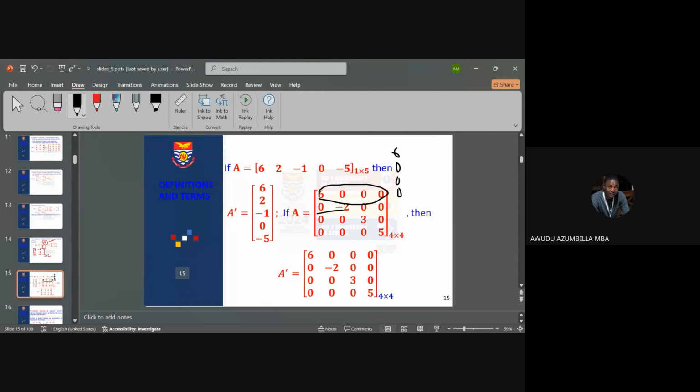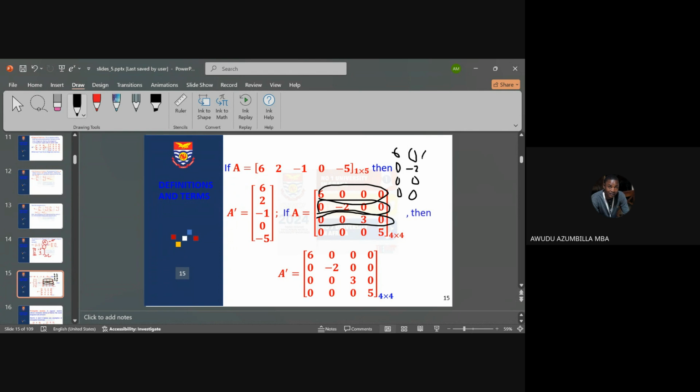Now you take this one and also write it vertically. So you have 0, -2, 0 and 0. Then you take this one and write it vertically.